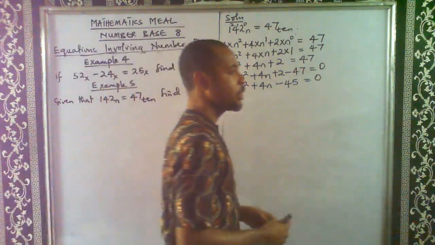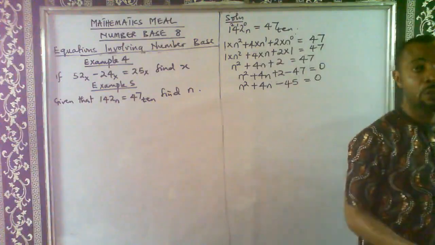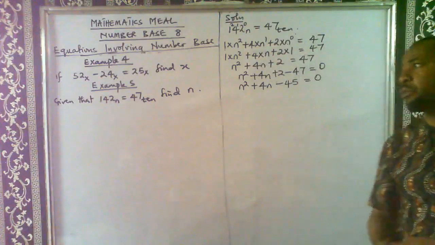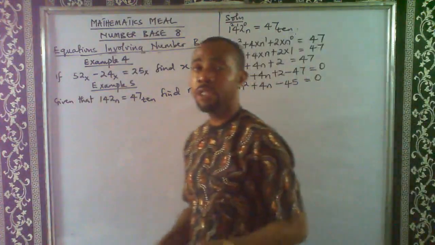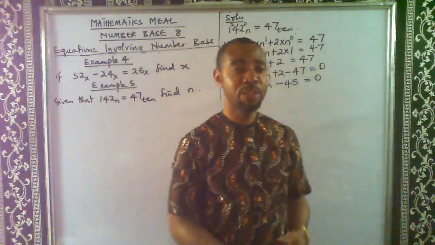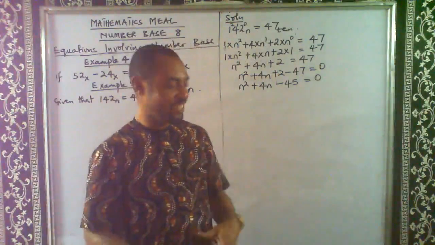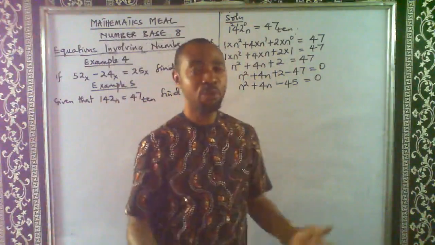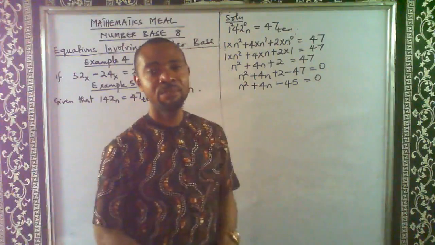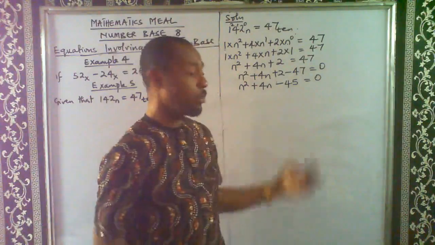For the solution to a quadratic equation, we have known common methods that we use. One of them is factorization, completing the square, the use of the general formula, or the graphical method. Wow, we cannot start plotting a graph now. We will find the roots of this equation. We can use completing the square, the general formula, or factorization.